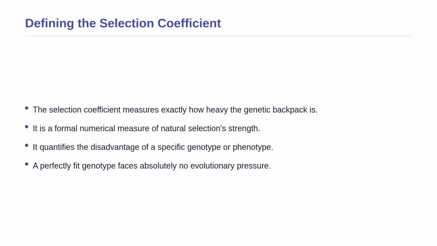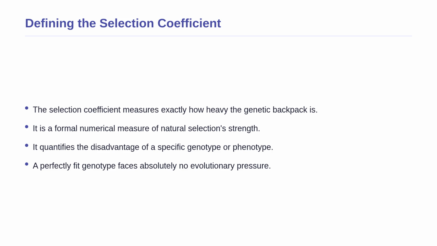Now that we have that picture in our minds, let us define what the selection coefficient actually is. The selection coefficient is the mathematical tool biologists use to measure exactly how heavy that genetic backpack is. It is a formal, numerical measure of the strength of natural selection acting against a specific genotype or phenotype.